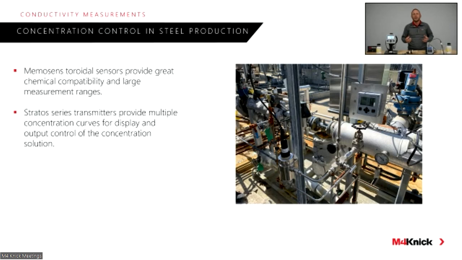And that completely encapsulated sensor body lends well to chemical compatibility. As I already mentioned, the Knick series of transmitters, whether those are 2-wire transmitters or 4-wire transmitters, have concentration curves built into them. So you have the ability to display locally in percent concentration, but also output back to your control system in concentration as well.